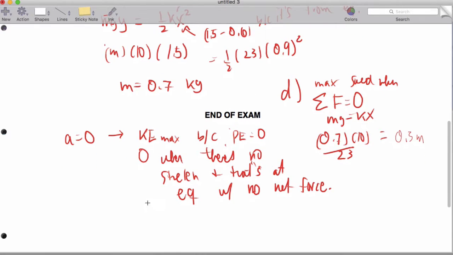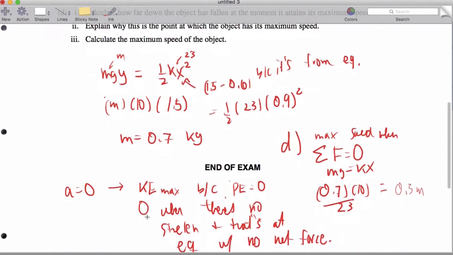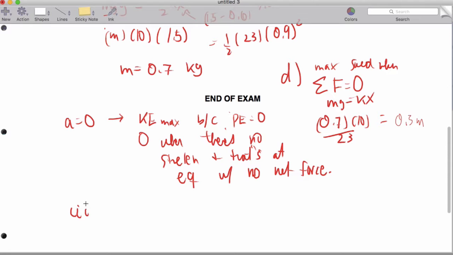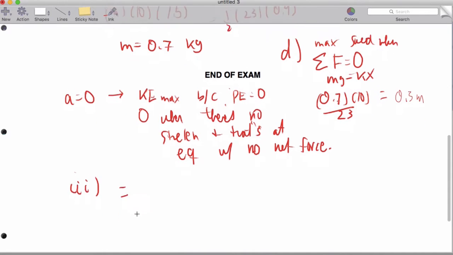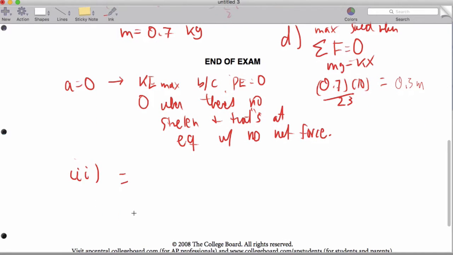Okay. And then for part E, the maximum speed of the object. We'll use conservation of energy there. So we know the total energy is going to be mg times y max.